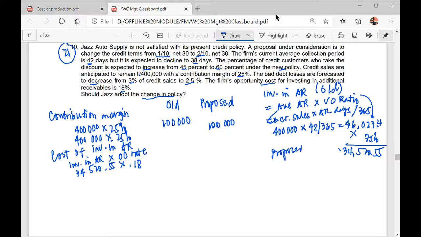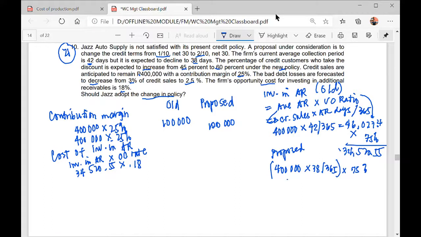For the proposed, it's the same process. 400,000 times the number of days in the new, which is 38, over 365, times 75%. So, 400 times 38 divided by 365.